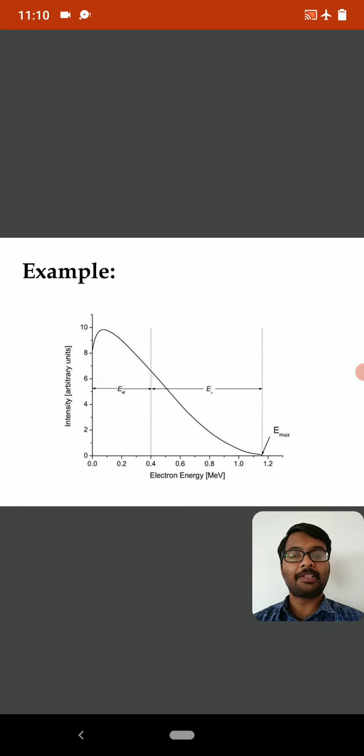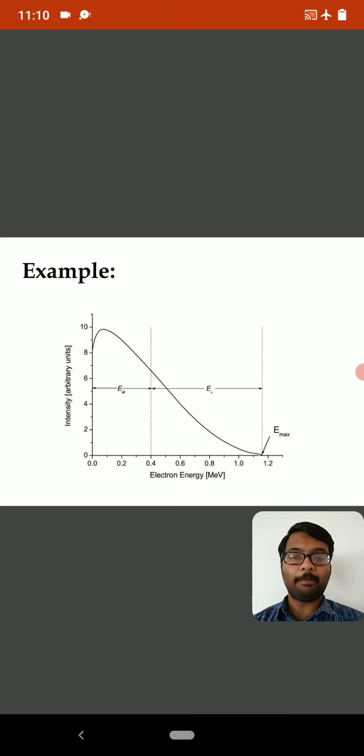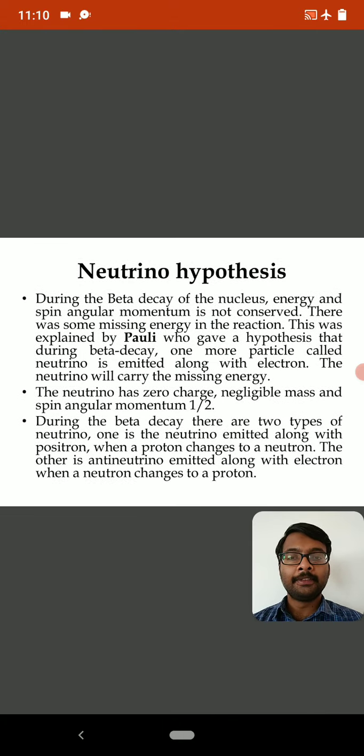Because of this, we get the continuous beta ray spectrum, not the discrete beta ray spectrum. Because of energy conservation, along with the beta particle, neutrinos or antineutrinos, which are called elementary particles, will be emitted in this beta decay.